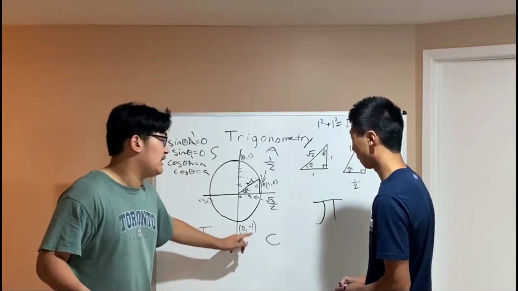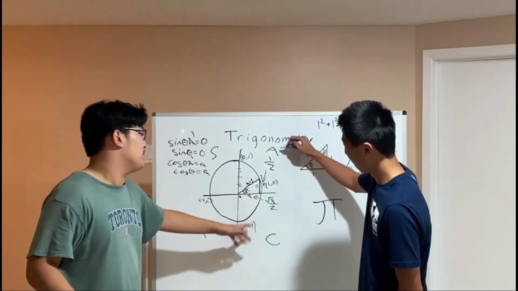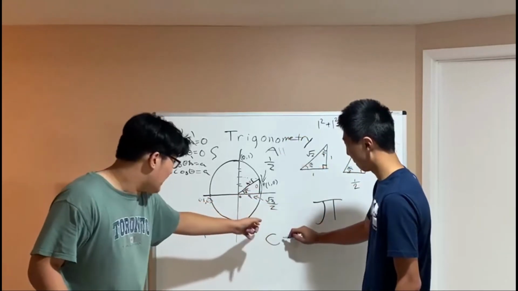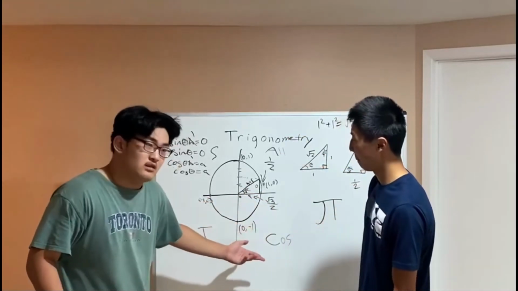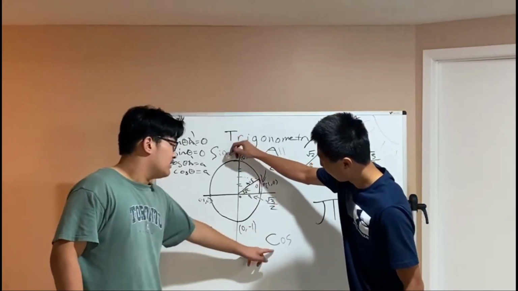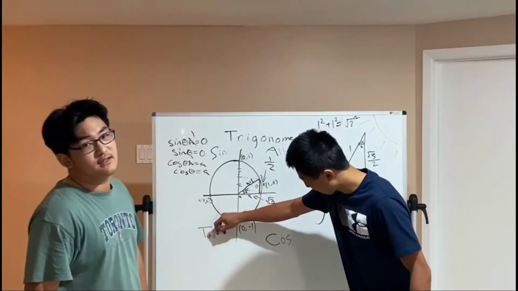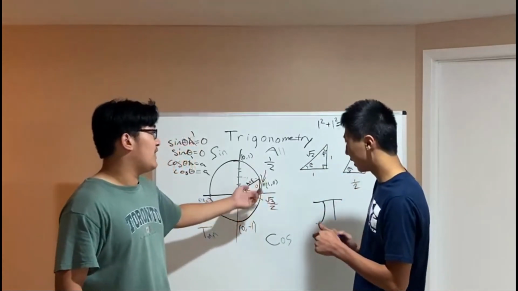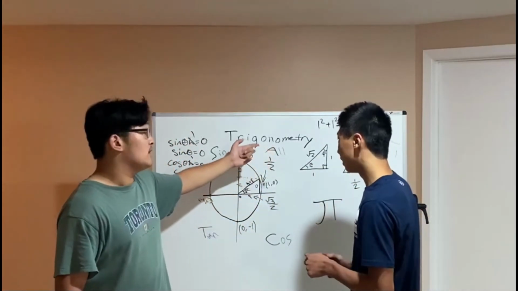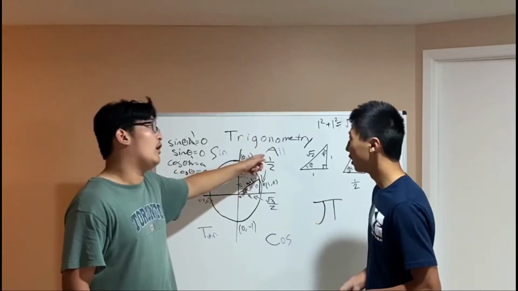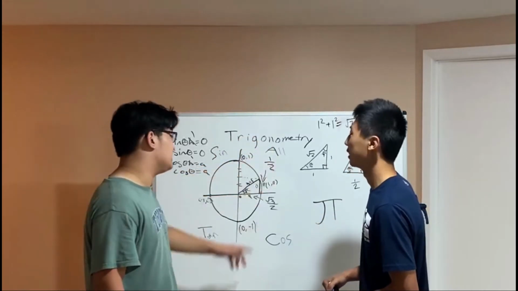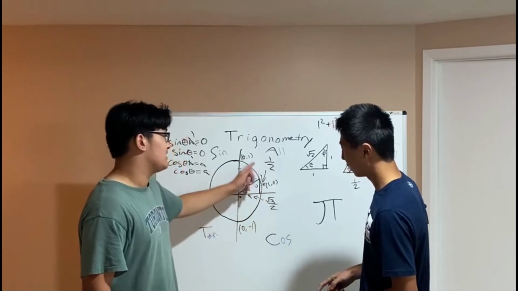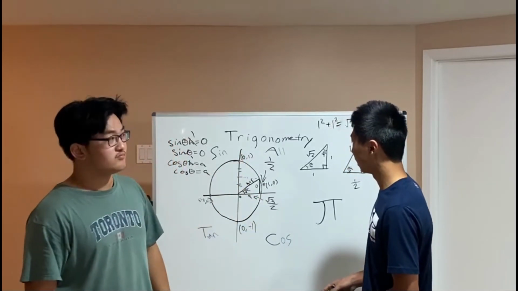So, I forgot which quadrant this was, but in the bottom right quadrant, cosine will always be positive because the x values here are positive. And in the upper rightmost quadrant, all of them will be positive because the x values are positive and the y values are positive.